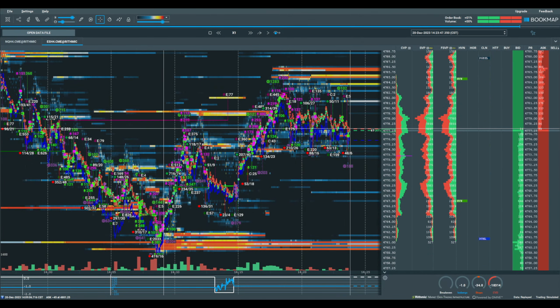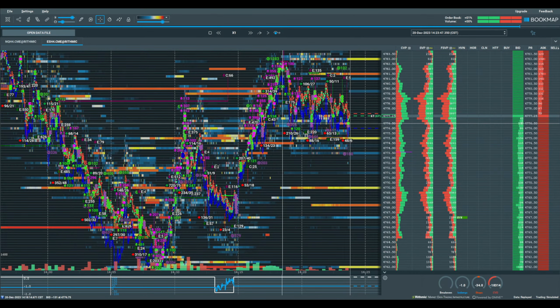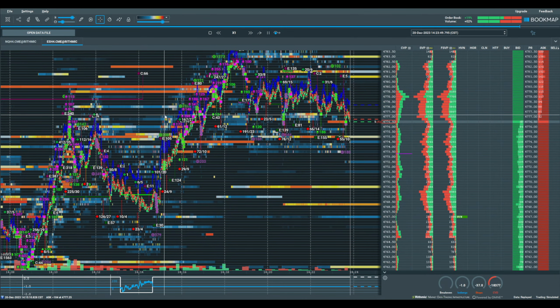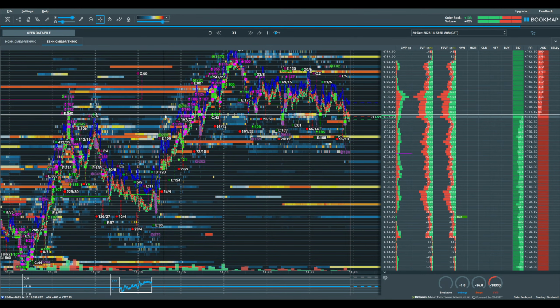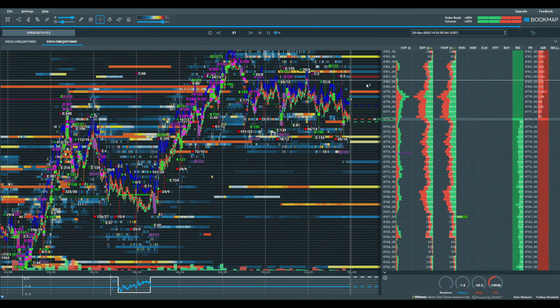I'm going to get this up now to where it would be a normal setup for me. That's generally how I have the screen. Let's have a look. Consolidation.